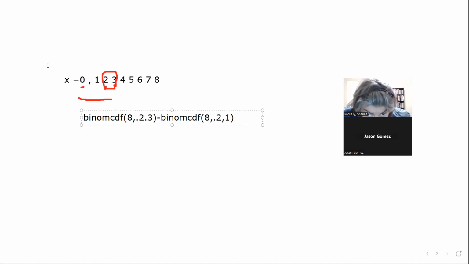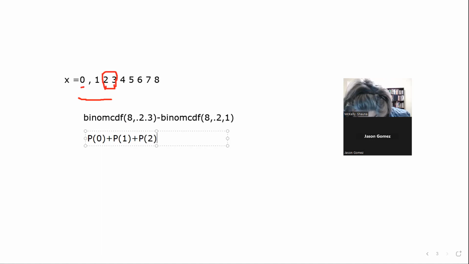It did count 2, because this first term counted these. It counted the probability of 0, plus the probability of 1, plus the probability of 2, plus the probability of 3. So it counted that. That was the first piece. This was binomial of this thing here.